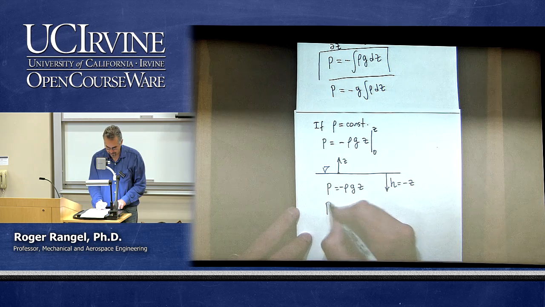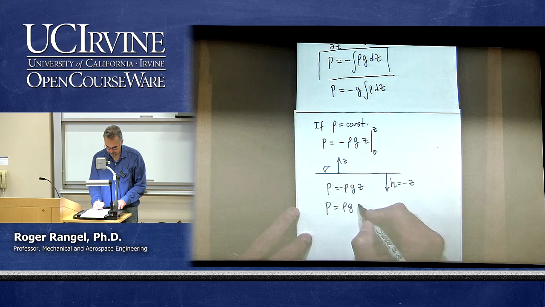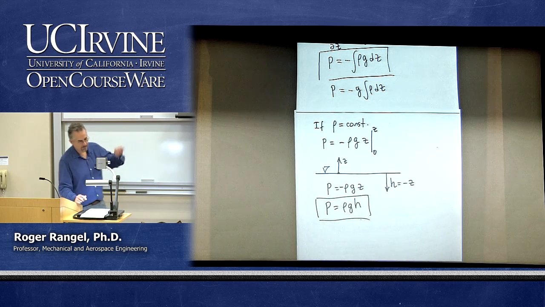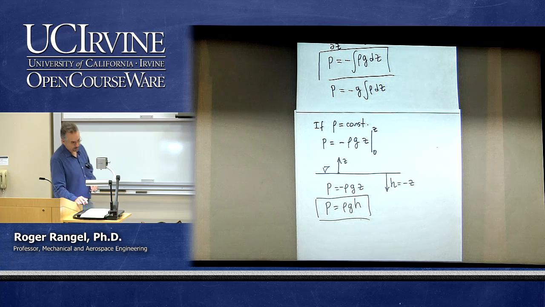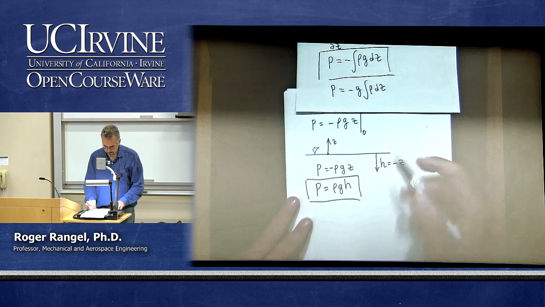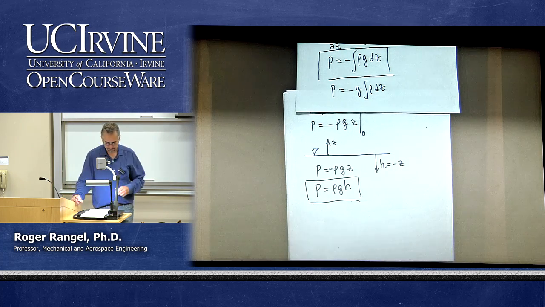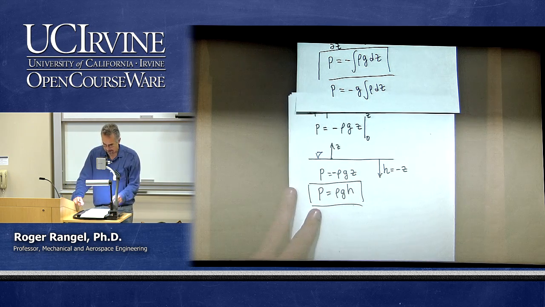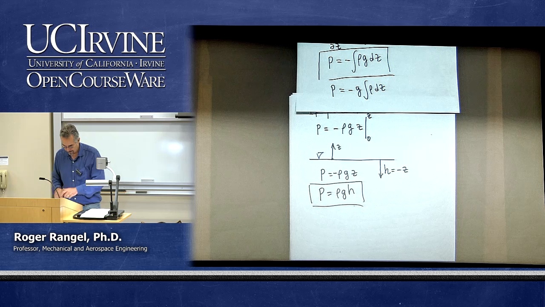And then, of course, the pressure is simply rho g h. So the pressure varies linearly with depth. As you go down, the pressure increases linearly with a factor of rho g. And that's what happens, for example, anywhere within water.